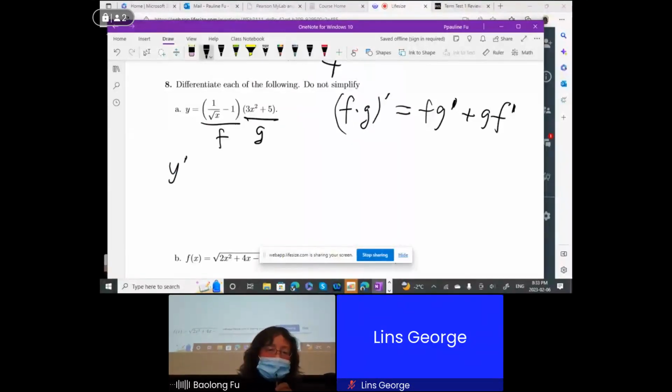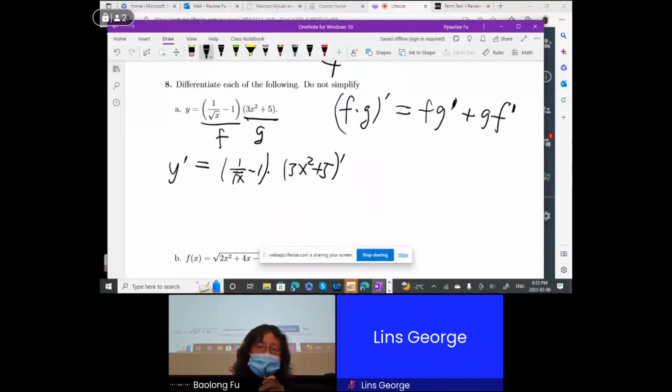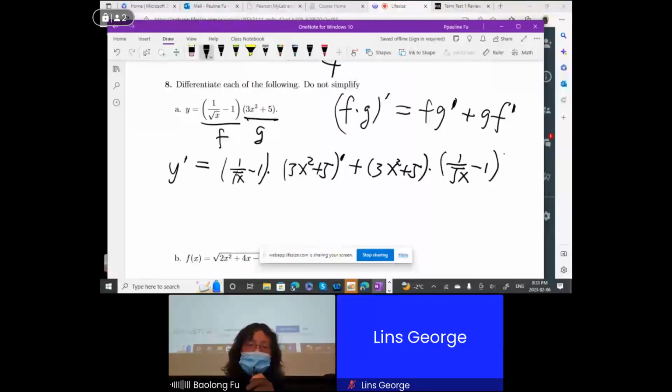So y prime equals f, this is f, g prime, plus g, f prime, where prime means derivative. Strictly apply the formula first.